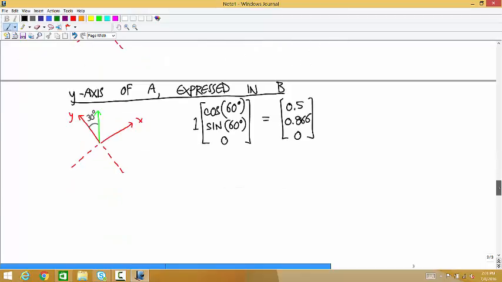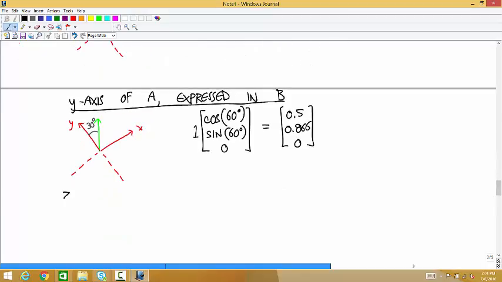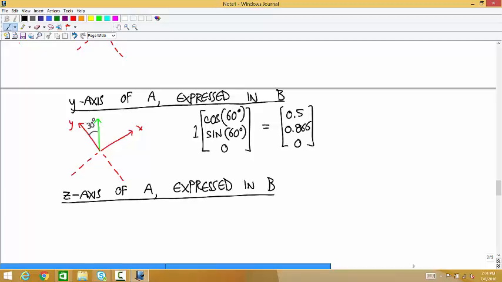And then the last one is the z-axis of A expressed in B. That one doesn't change. They both have the same z-axis, so this is just going to be 0, 0, 1. Now these three sets of components we came up with are the columns of our rotation matrix.